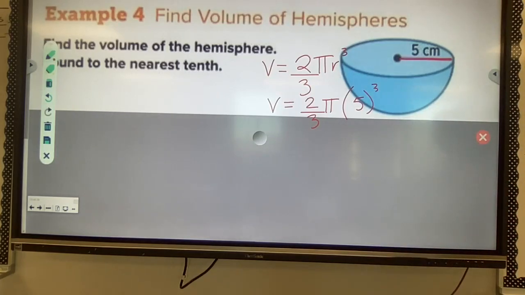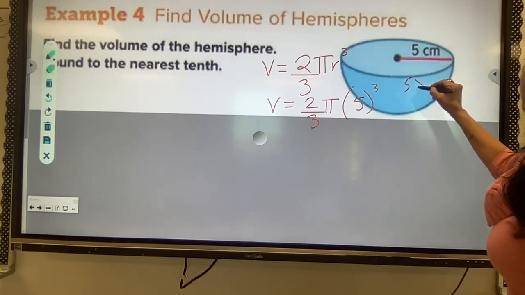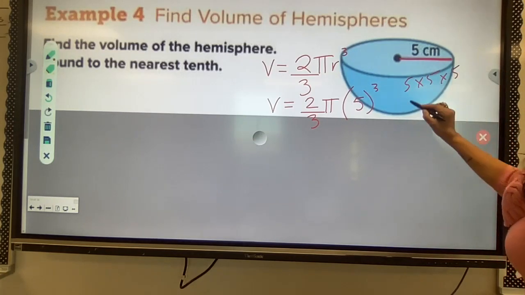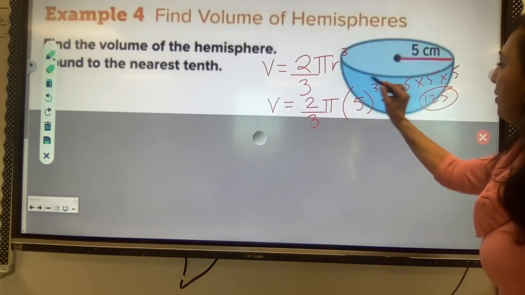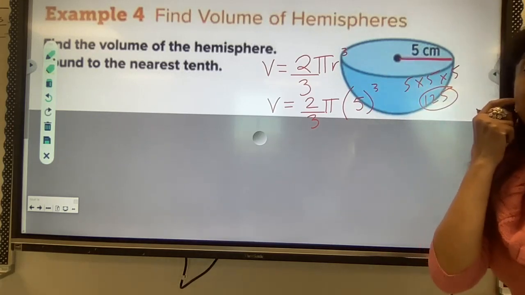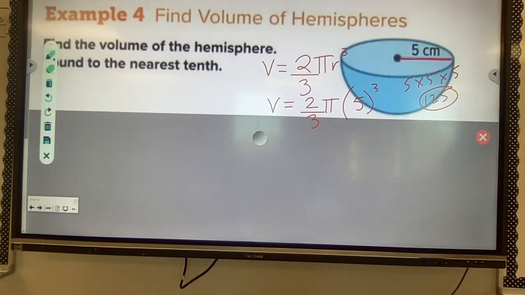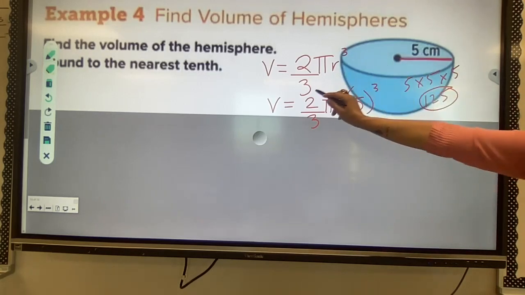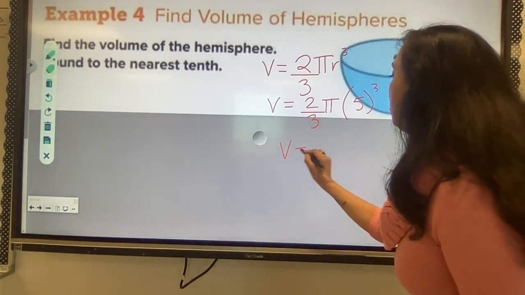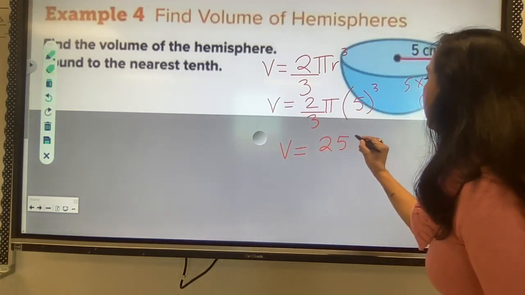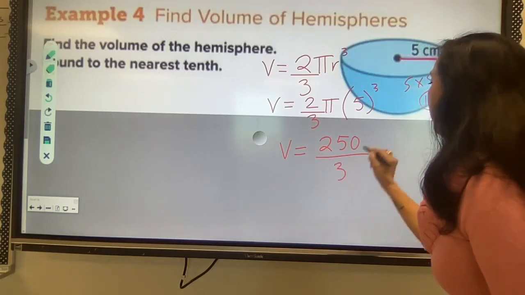So what is 5 cubed? 5 times 5 times 5, 25 times 5, I get 125, which is this portion, 5 cubed. And what is 125 times 2? I get 250. So the volume is 250 over 3 pi.